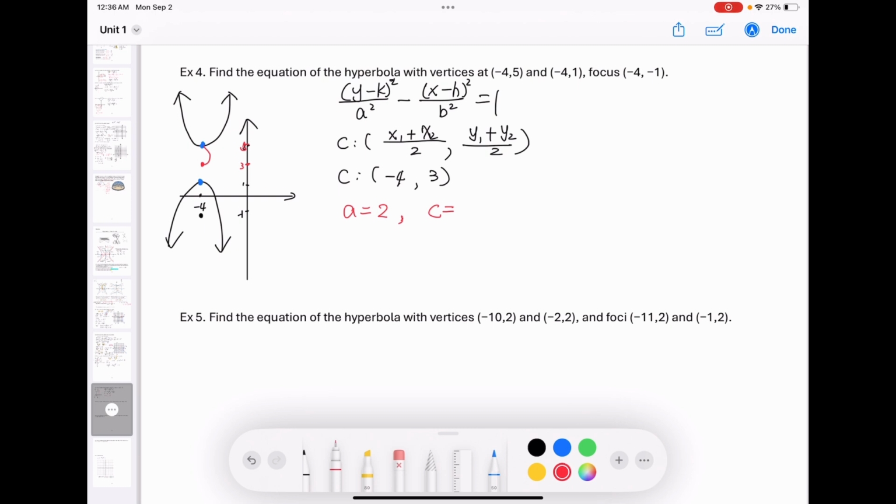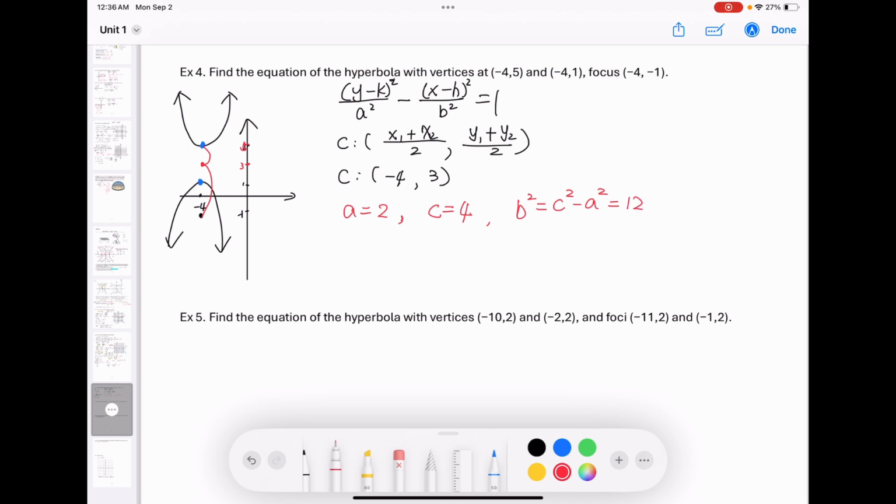So we can measure that from the center to this focus. It is 4. So we put the 4 here. And b squared is equal to c squared minus a squared. It is 16 minus 2 squared. 16 minus 4 is 12.